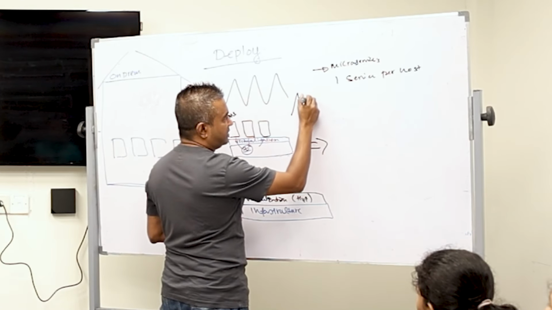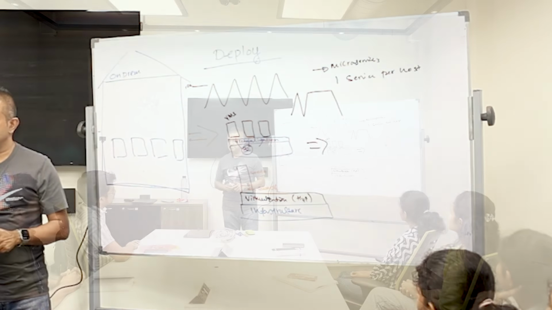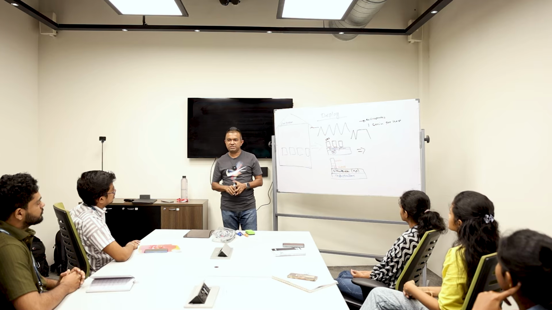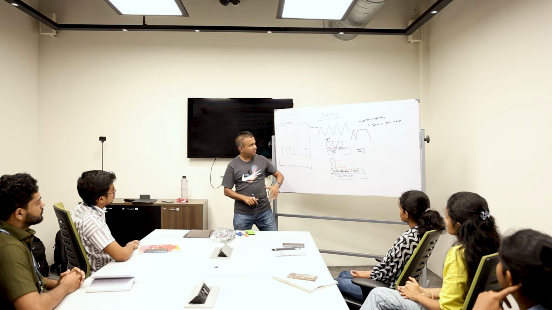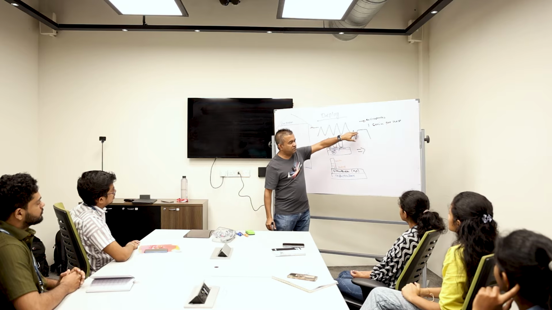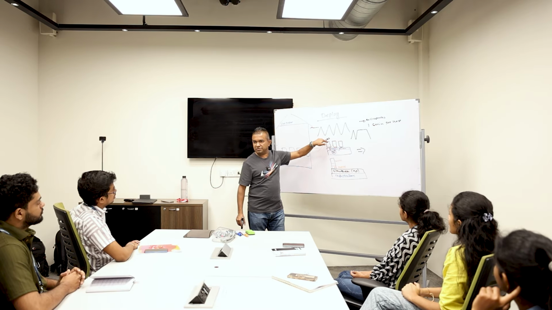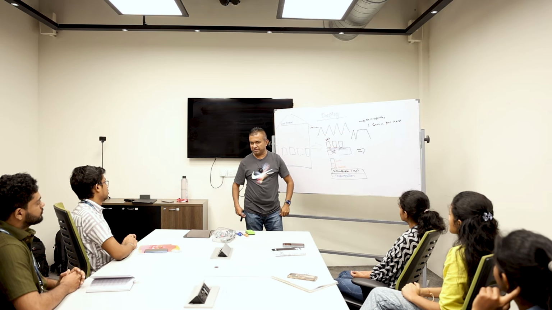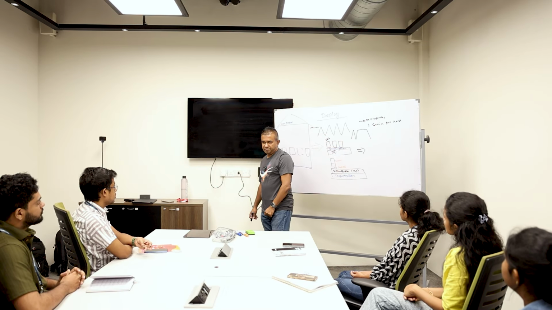If you have something like this, that's a problem. That means that service is under stress, suffering something. And when one service causes this, all the other services sharing that CPU go through CPU throttling.